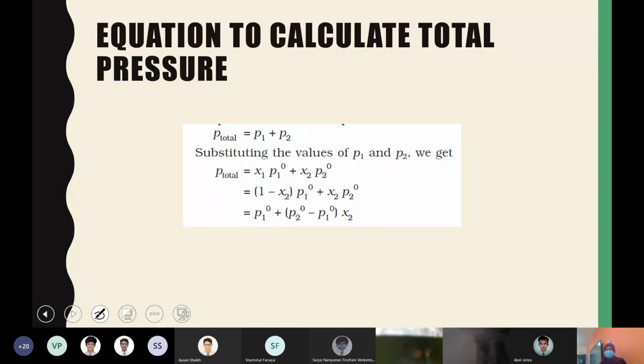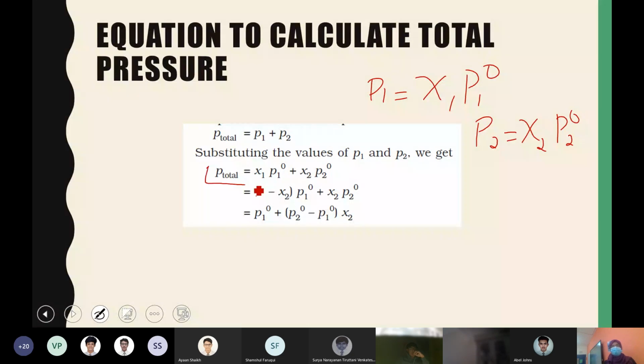You have two components, 1 and 2. So total vapor pressure will be partial vapor pressure of first component plus partial vapor pressure of second component. So when you know this equation, you can write it as P1 is equal to chi1 P1 0. Similarly, we know that P2 is equal to chi2 P2 0. So when you substitute this value of P1 and P2 in the equation, you will get P total is equal to chi1 P1 0 plus chi2 P2 0. Right? You're just substituting the value of P1 and P2.